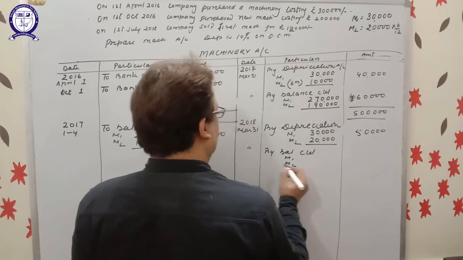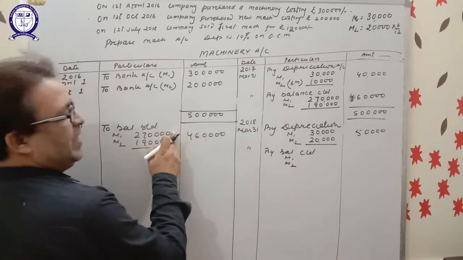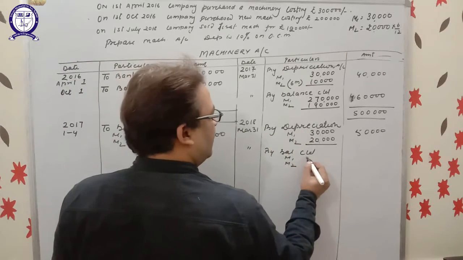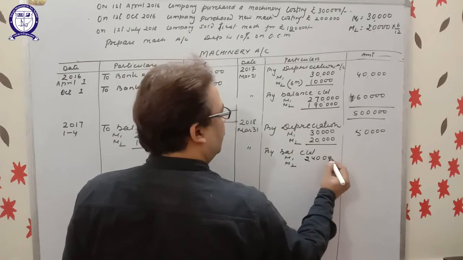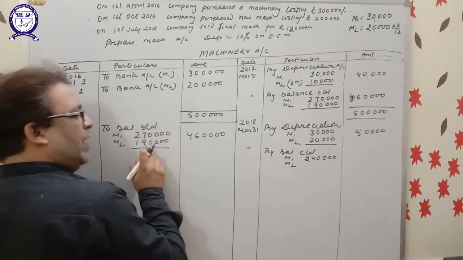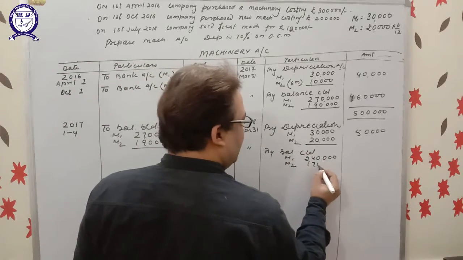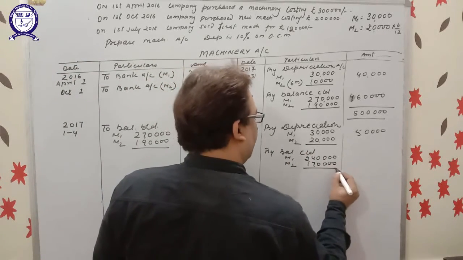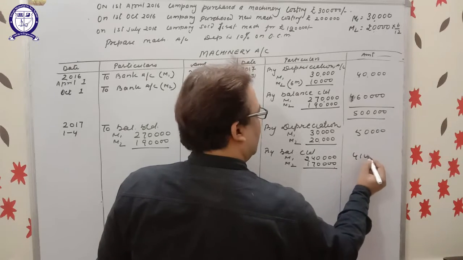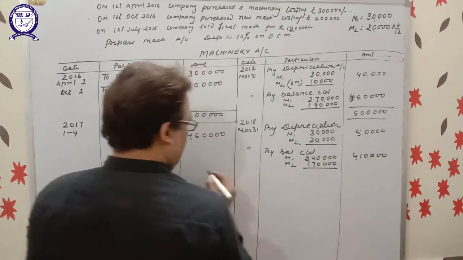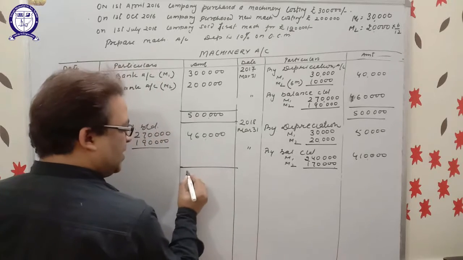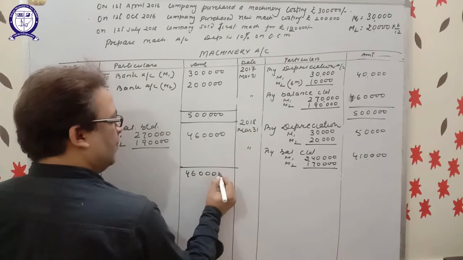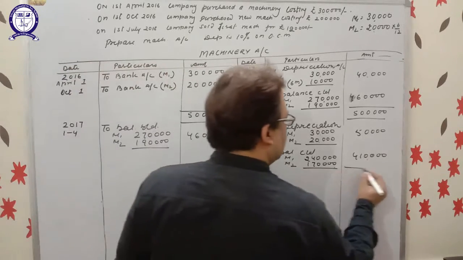M1, M2: 270 minus 30, 240. 190 minus 20, 170. Total of the debit side is 460 and total of the credit side is 460.